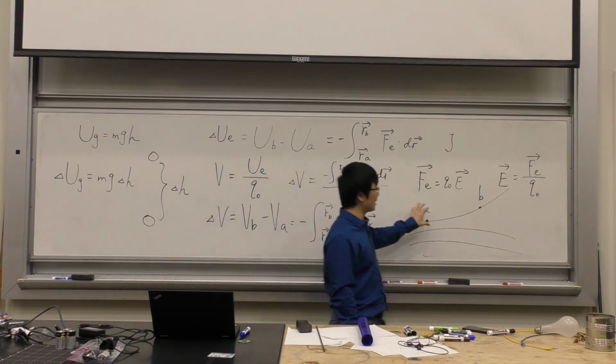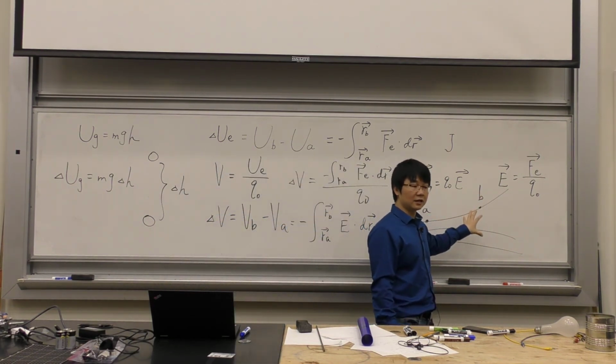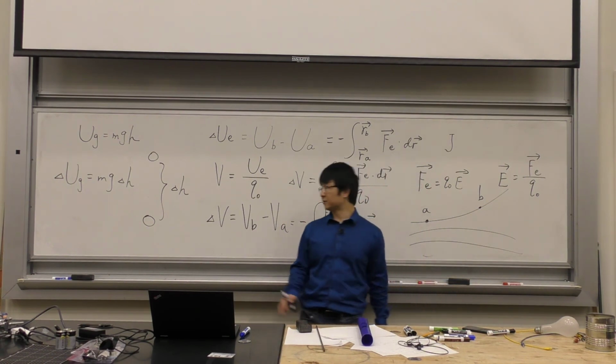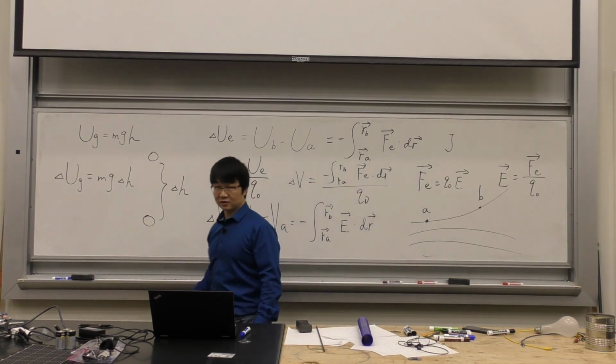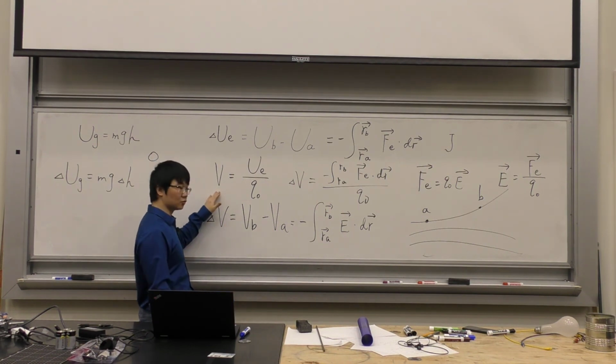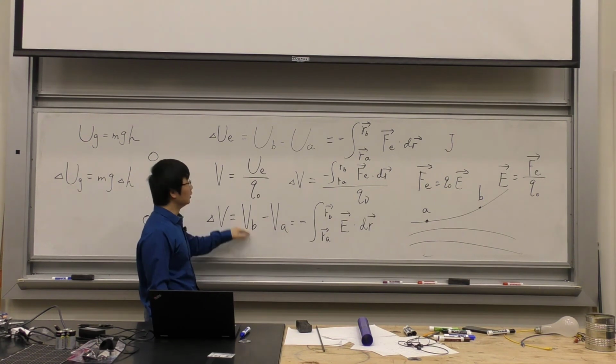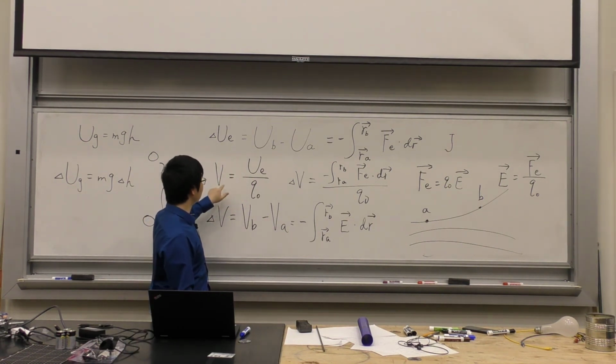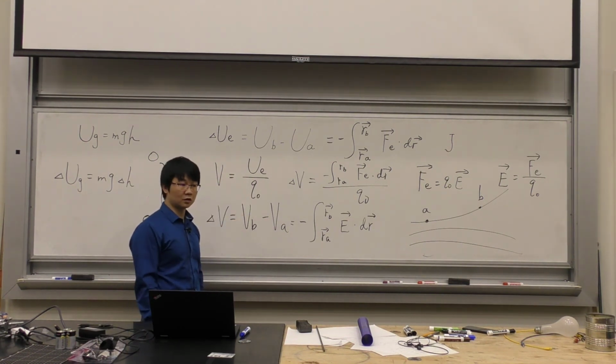So I'm going to bring a test charge in this electric field and then multiply the potential to get the potential energy. Okay, so that's what we're going to do. So we're going to focus on potential, because potential is going to be the hard part, right? Once you find the potential, energy is easy. You just multiply potential by Q naught, okay?